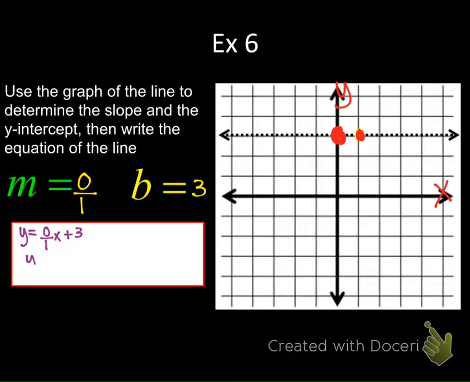Okay, you could write that, but that doesn't look very good, does it? So what's the last way that you could write this? If your slope is 0, are you going to have an x? No, so you could just write y equals 3. Good.